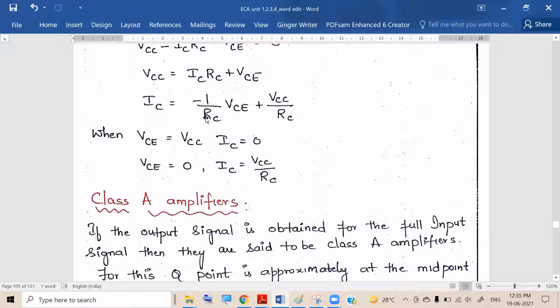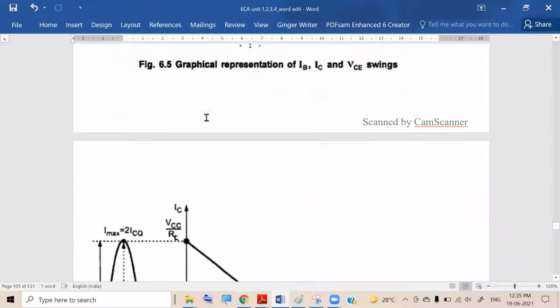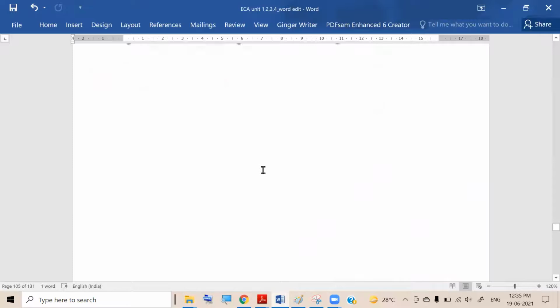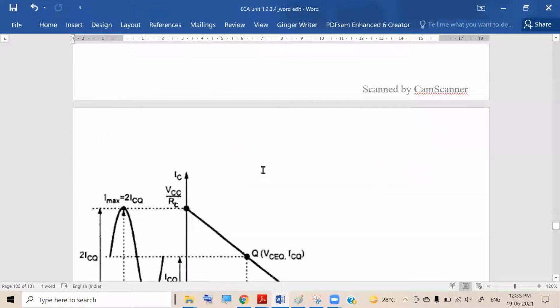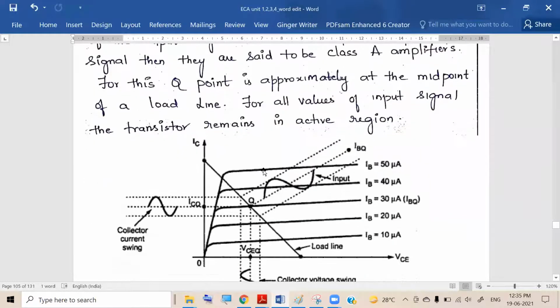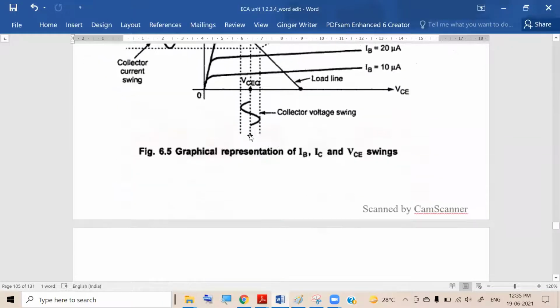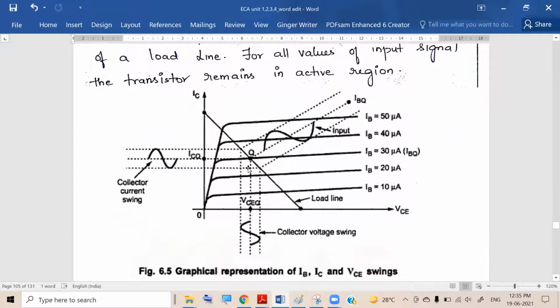Thus we obtain the DC values, because so far we have given only the DC supply. These obtained DC values are known as the Q point values, represented by Q, and the coordinates will be x coordinate VCEQ, y coordinate ICQ. VCEQ means the DC fixed voltage when no input is given.